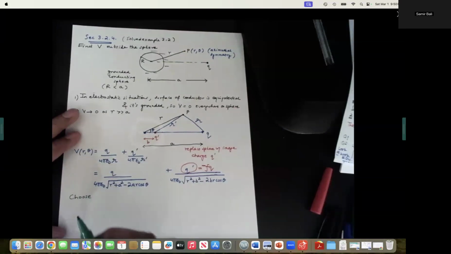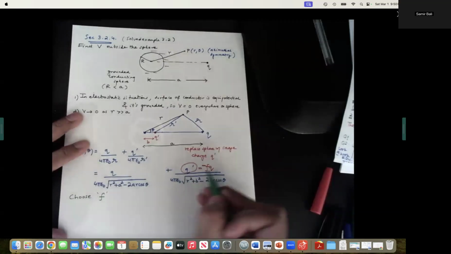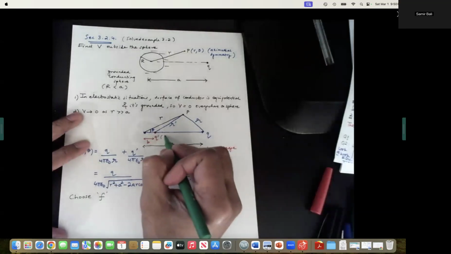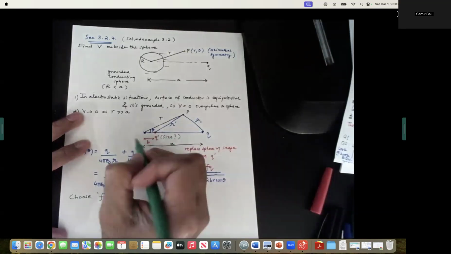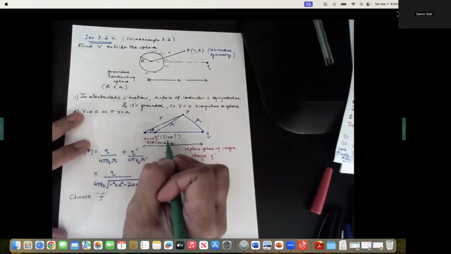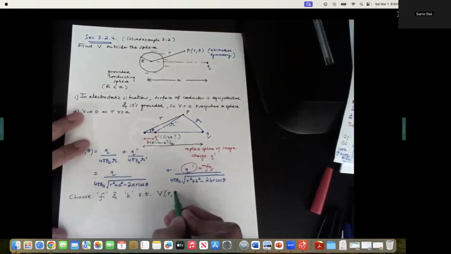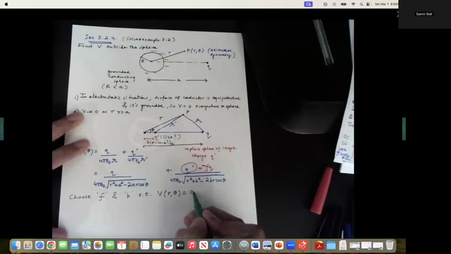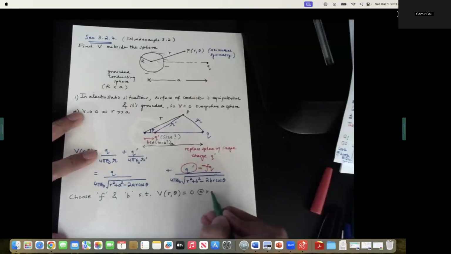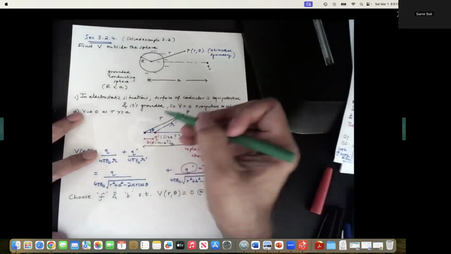Okay, but anyway, let me first write down what I have to do: choose F, the size of Q prime, and then B, the distance from the origin, such that V of r, theta is equal to 0 at little r equals capital R, where the surface of the sphere is.